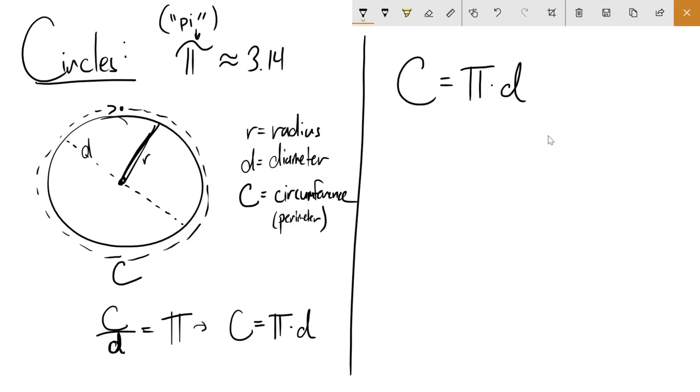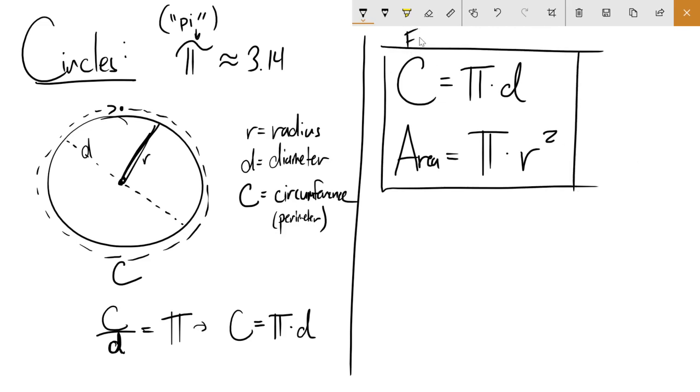So you can find the circumference by taking pi times the diameter of a circle. Another one is if you're trying to find the area of a circle, you can take pi times its radius squared.